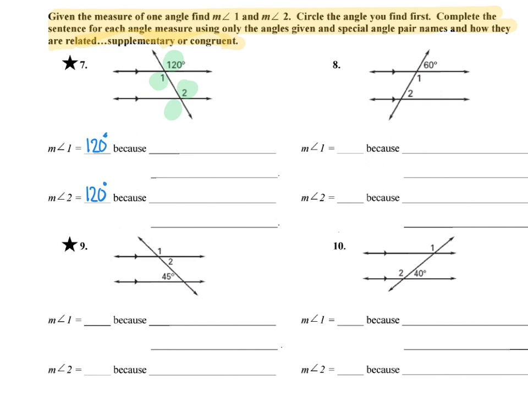For this question, if I want to do these two angles, 1, I know that that is 120 degrees because vertical angles are congruent. And then from there, I can do one of two answers here. I could say that angle 2 is 120 because those two angles right there are corresponding angles.